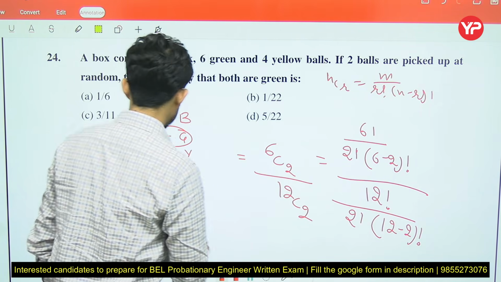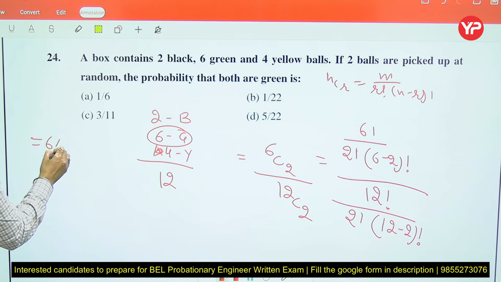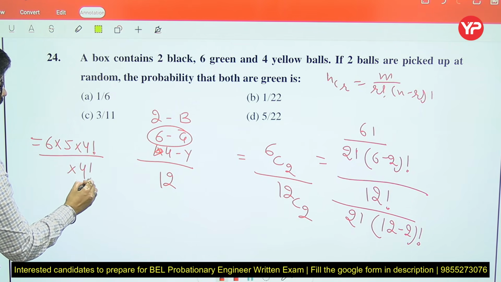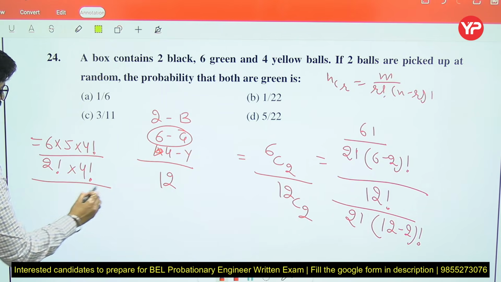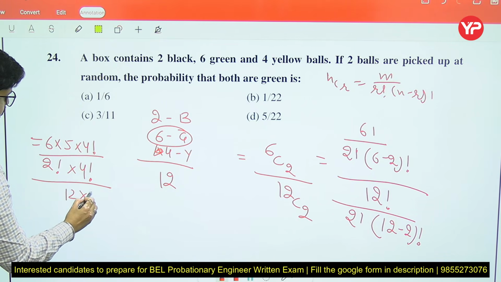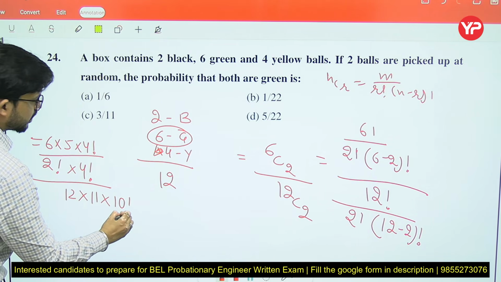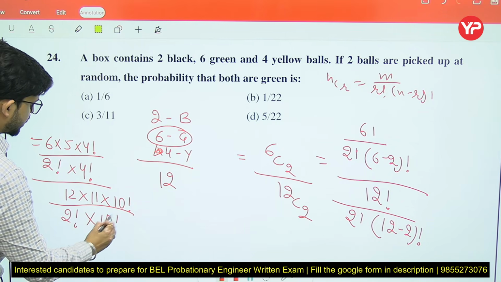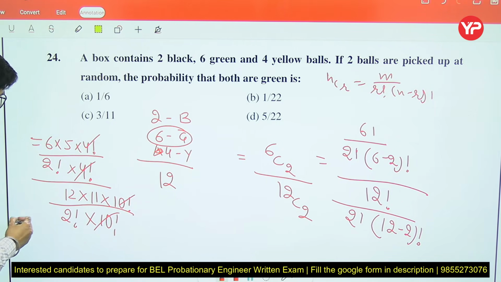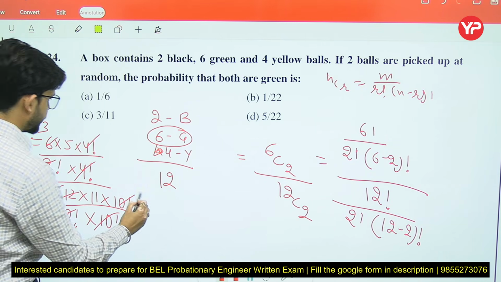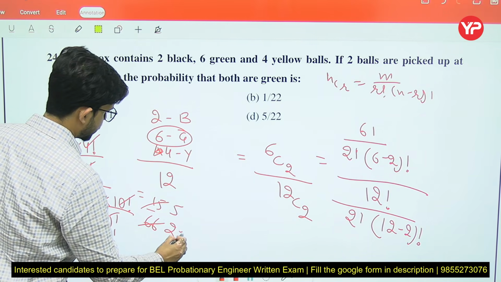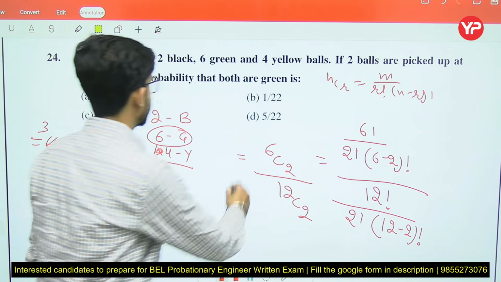So if I solve this, what I get? 6 into 5 into 4 factorial, into 2 factorial, divided by 12 into 11 into 10 factorial, into 2 factorial. 10 factorial cancels, 4 factorial cancels, 2 sixes and 2 threes. So 15 by 66, 5 threes and 2 twos. So our probability will be D.